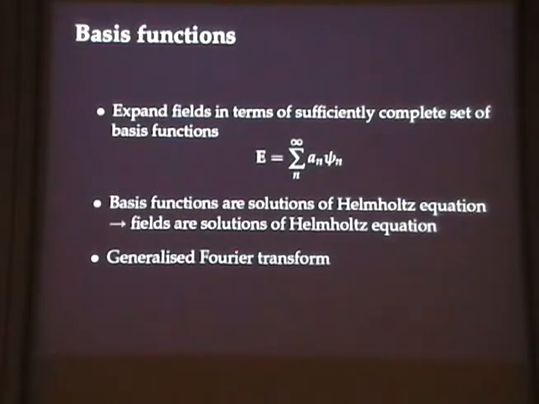The most famous example of this is the Fourier transform. This type of representation is called a generalized Fourier transform. And if I choose basis functions that are solutions of the Helmholtz equation, then this guarantees that my E here will be a solution of the Helmholtz equation. So I'm halfway there.